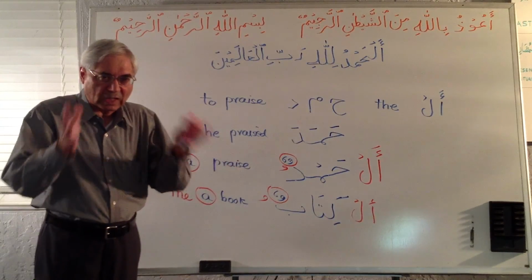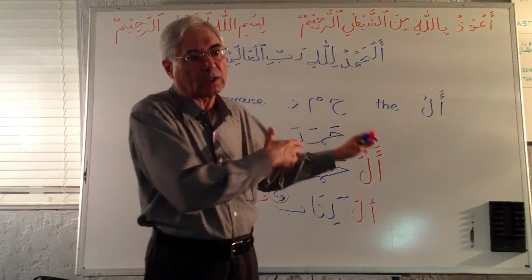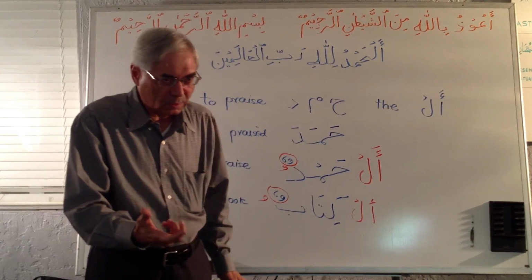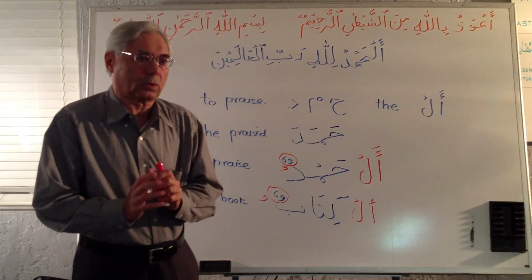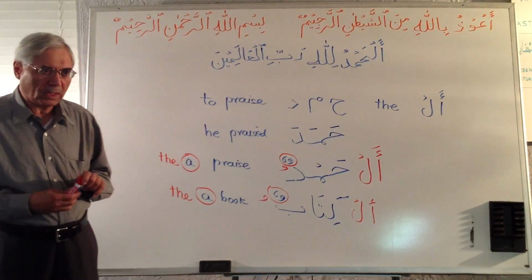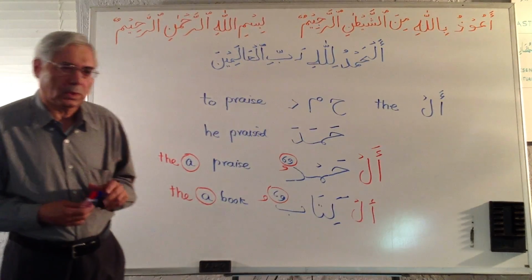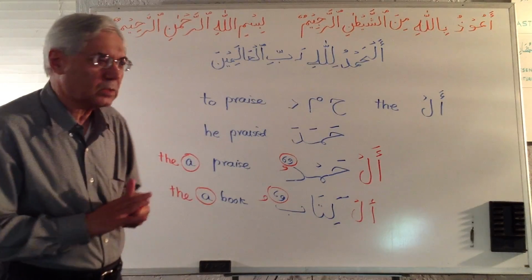When you give al to something, that al doesn't belong to anything. If you say Quran is the book, there is no other book after that. So you're talking about the book. Okay? So that is Alhamdu. Now let's look at the next word. Next word is Lillahi. Okay, let's understand that.